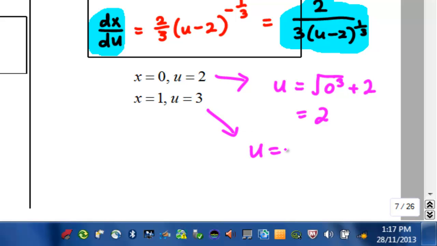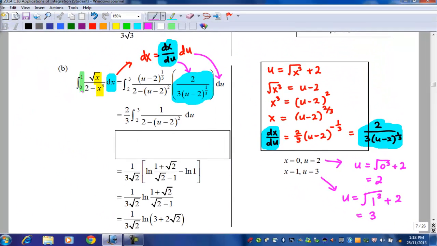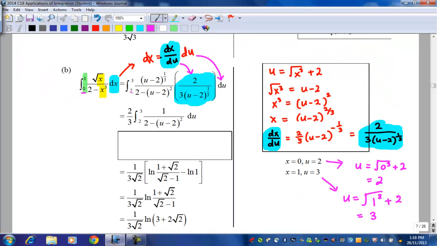And when x is 1, we'll have u equals root 1 cubed plus 2, which gives us 3. And that's the reason why when x is 0, u is 2, when x is 1, u is 3. So now after simplifying this whole expression right here, we're going to end up having this.